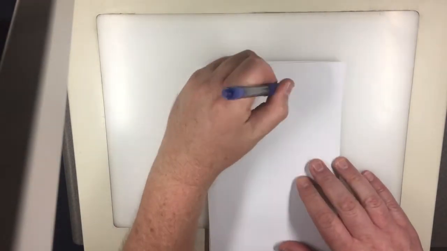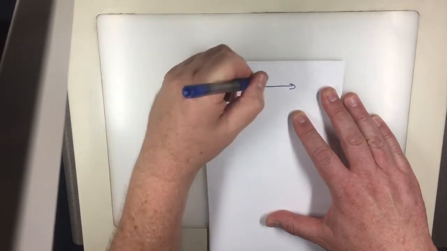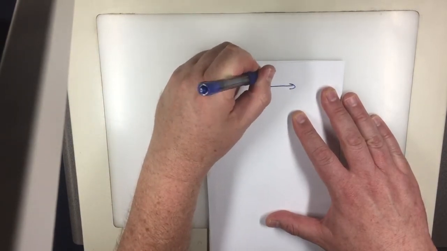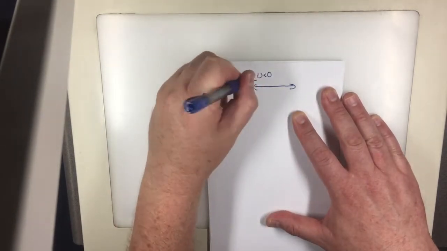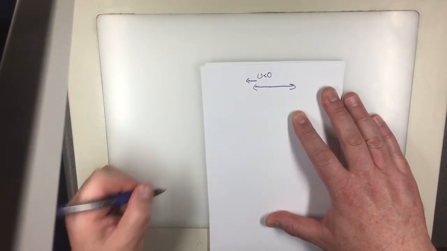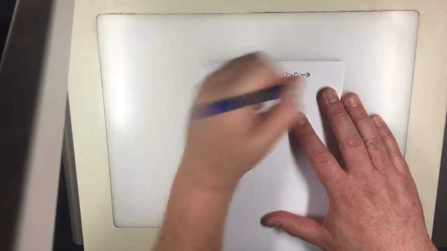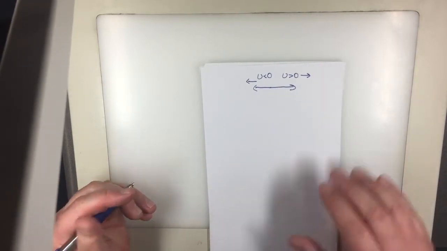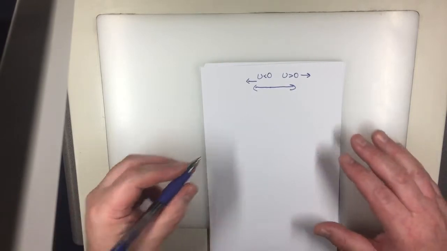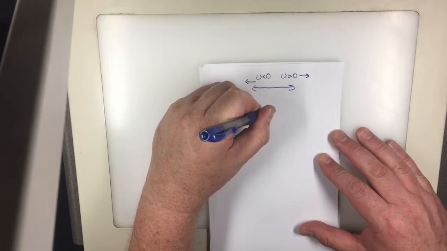Now, we're very familiar with the number line. And if I said that your velocity was less than 0, we know that means you're going to the left. And if I said your velocity was greater than 0, you're going to the right. That's easy, simple. Then the next step was Atwood's machines.